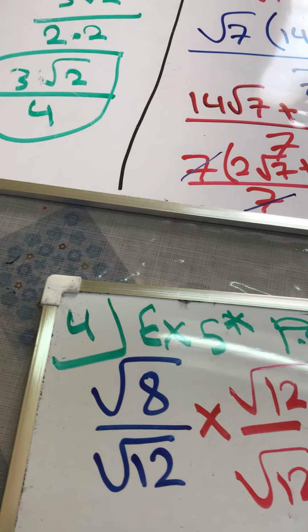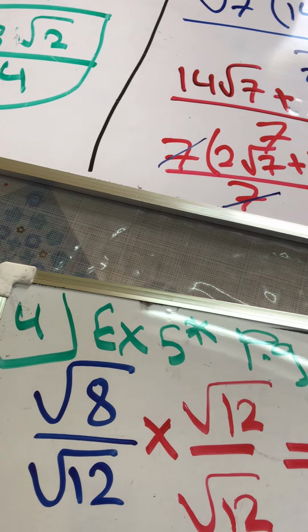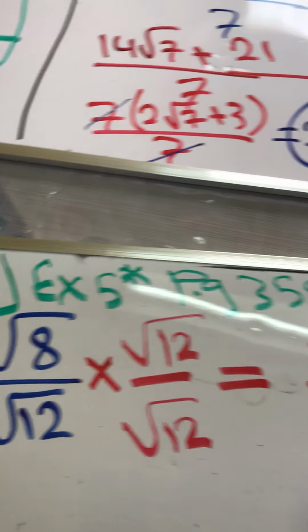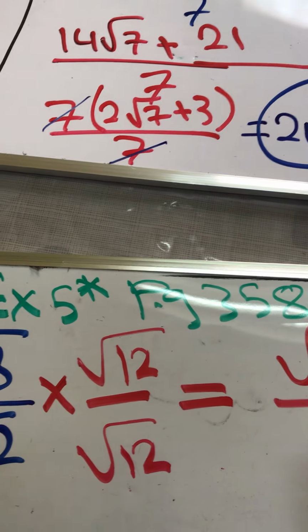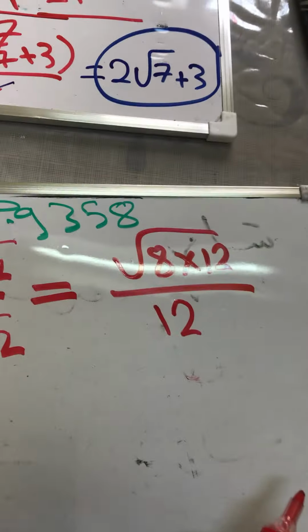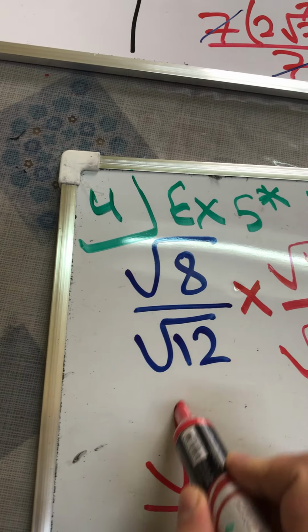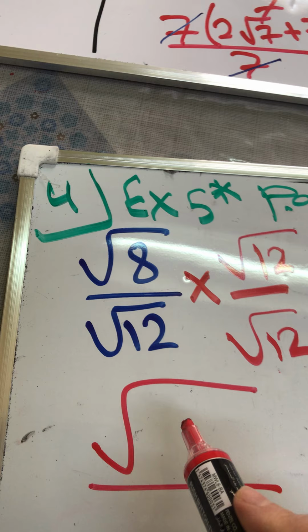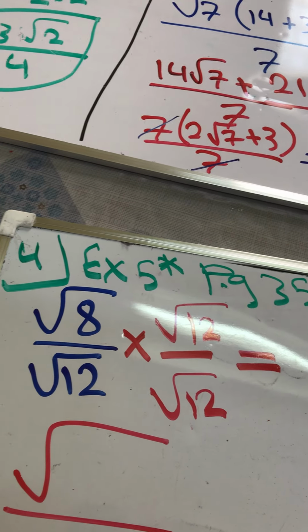Okay, so now up, numbers together, multiply, so it will be √(8 times 12), as you see. And down, √12 times √12 equal 12. This is the aim from rationalizing. Okay, now I have 8 times 12 equal 96.